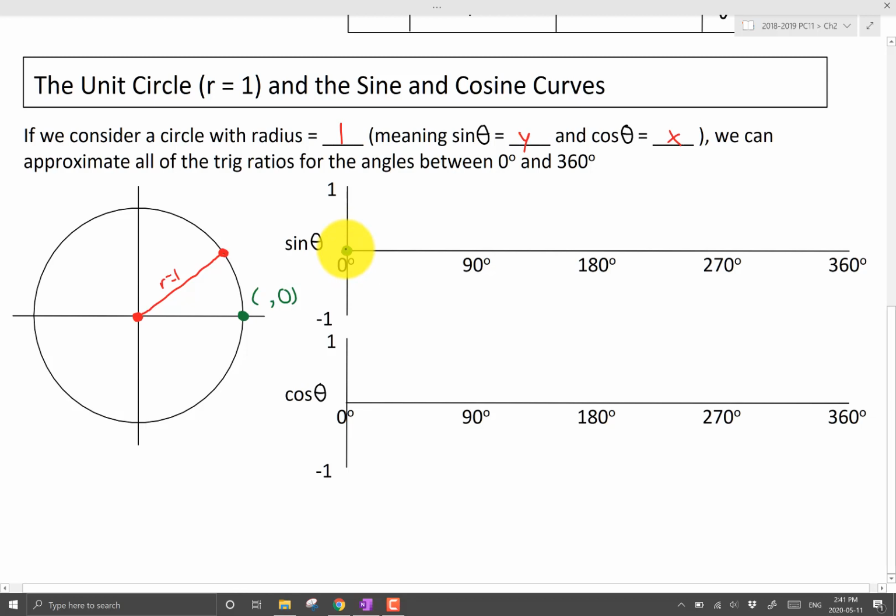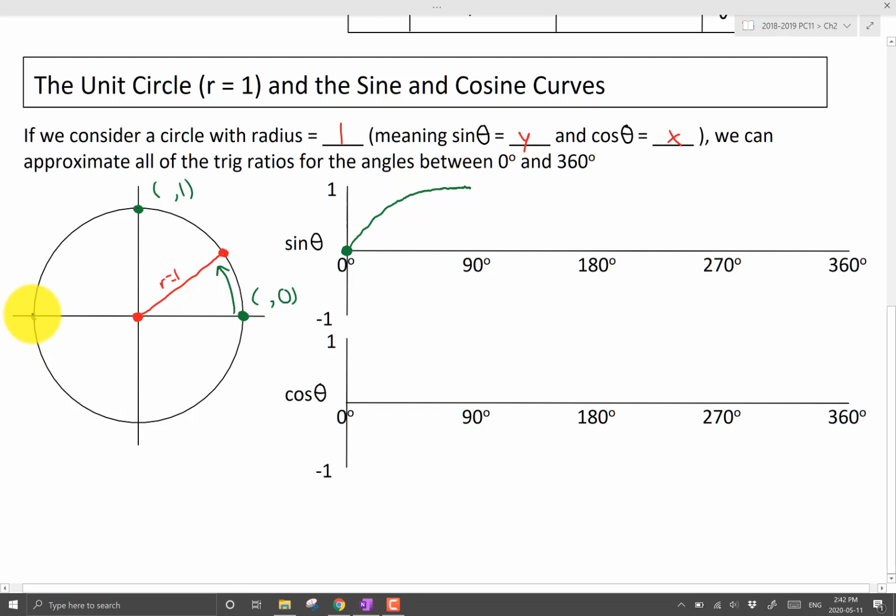As we go to 90 degrees, so we start rotating counterclockwise, what happens to the y-coordinate? As I follow this path up, it increases until it hits 1 at 90 degrees. So between 0 and 90, this ratio keeps increasing until at 90 degrees it hits a ratio of 1.